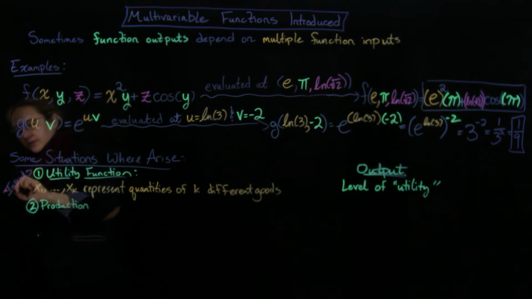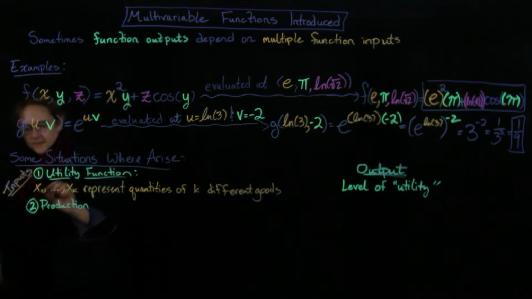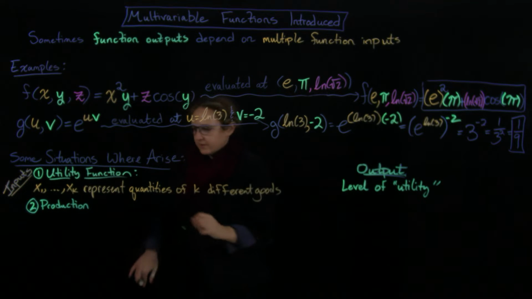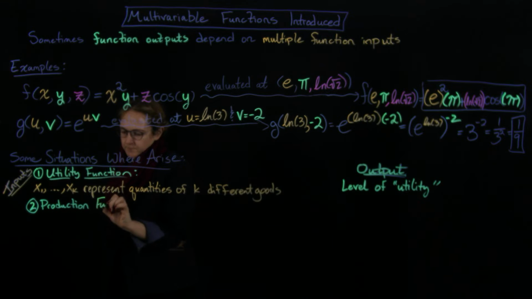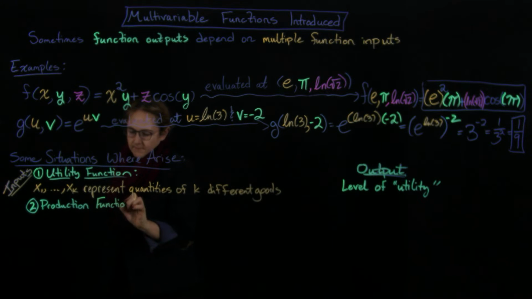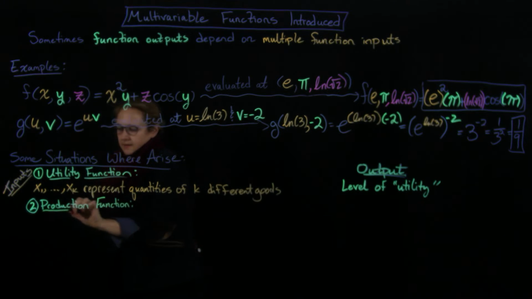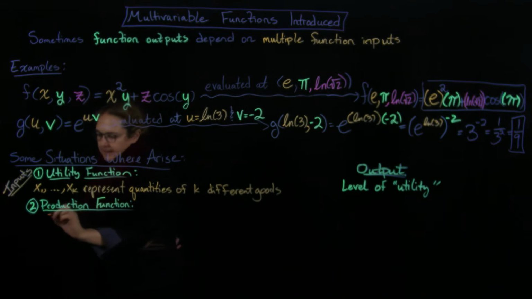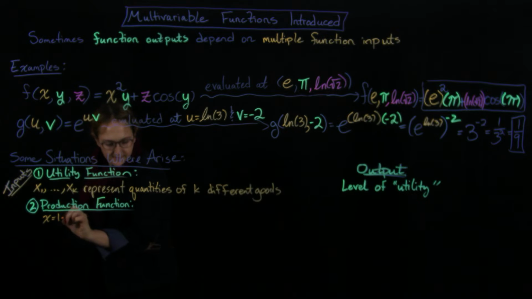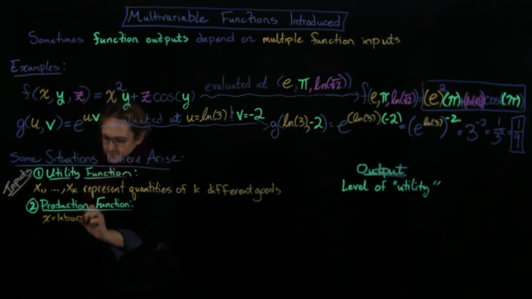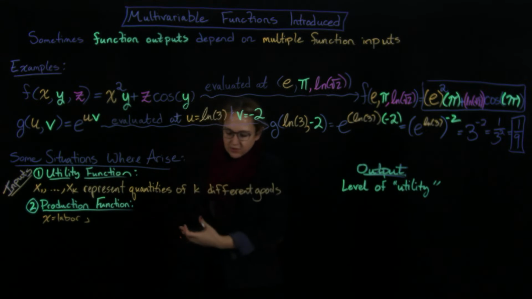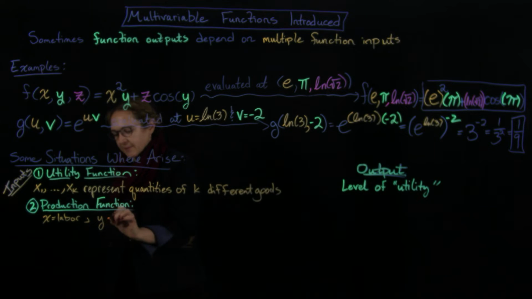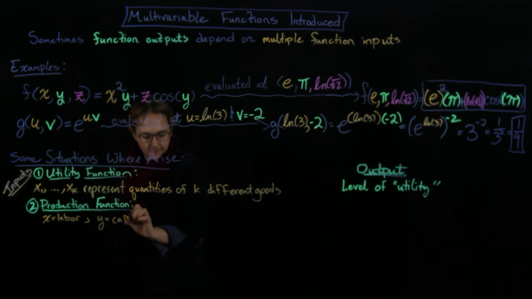Maybe I'll write the inputs in orange so it's clear that the inputs are what I'm writing in orange. So for the production function, my inputs are maybe X equals labor, and Y represents your capital somehow or another.